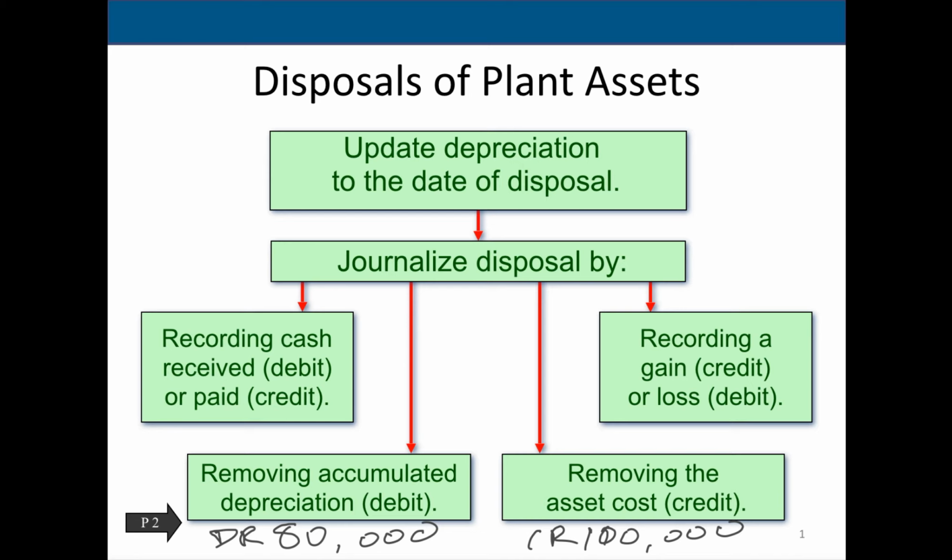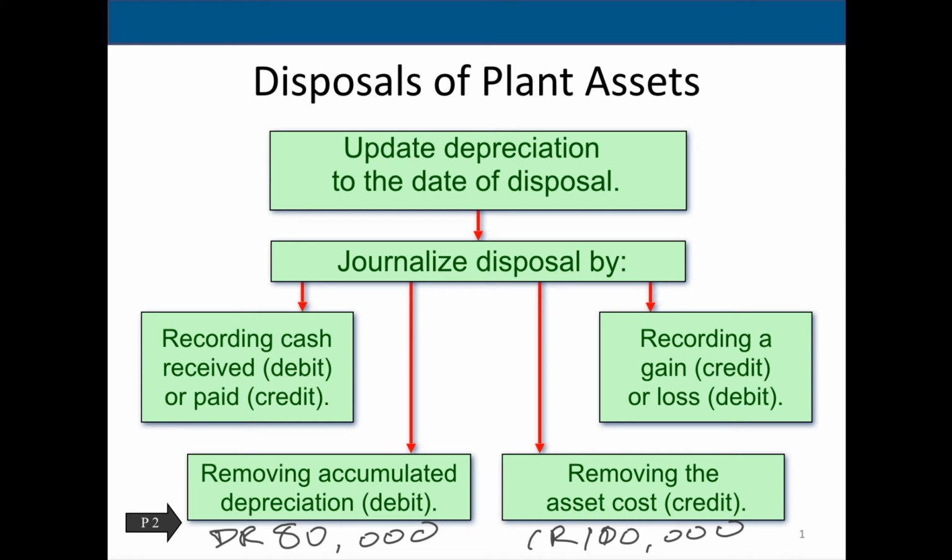So if I gave away this asset and there was no cash involved at all, then the amount that I would need to balance this out would be a $20,000 debit. So that would show you that if I just gave away that asset instead of selling it to someone, I would be recognizing a loss of $20,000.